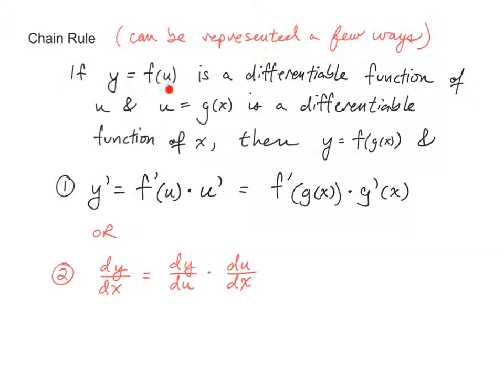If y equals f of u is a differentiable function of u, and u equals g of x is a differentiable function of x, then y equals f of g of x, and here are the statements of the chain rule. So we have y prime equals f prime of u times u prime, which equals f prime of g of x times g prime of x.